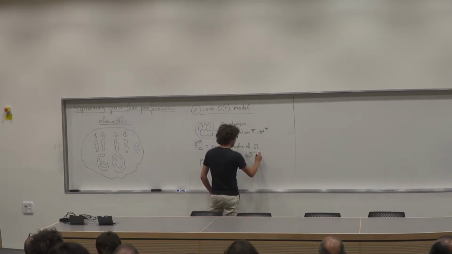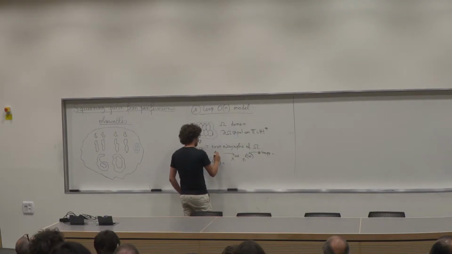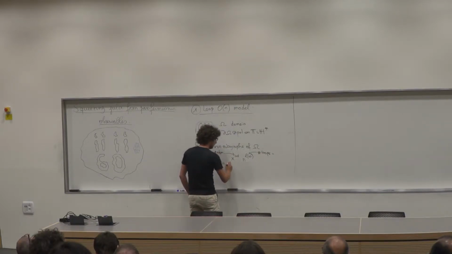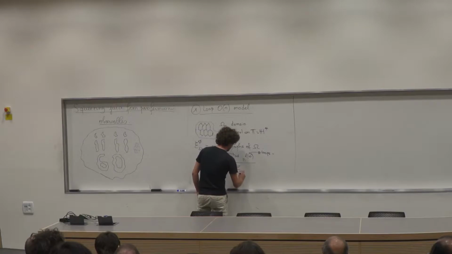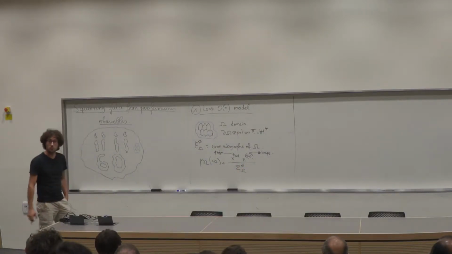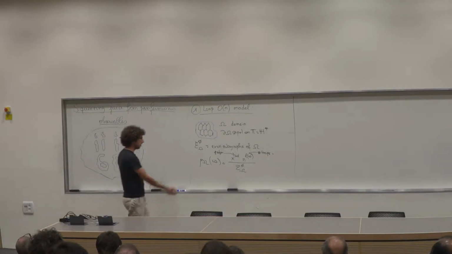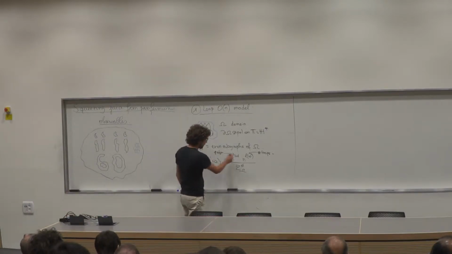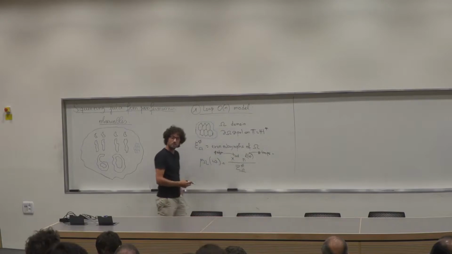If I want a probability measure, I need to renormalize by a certain factor, the partition function, which I will denote like that. So there are two parameters, x and n.